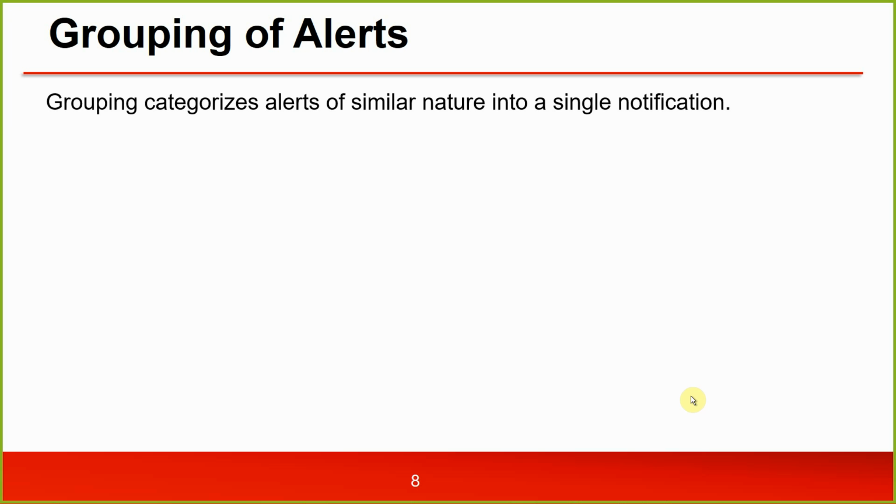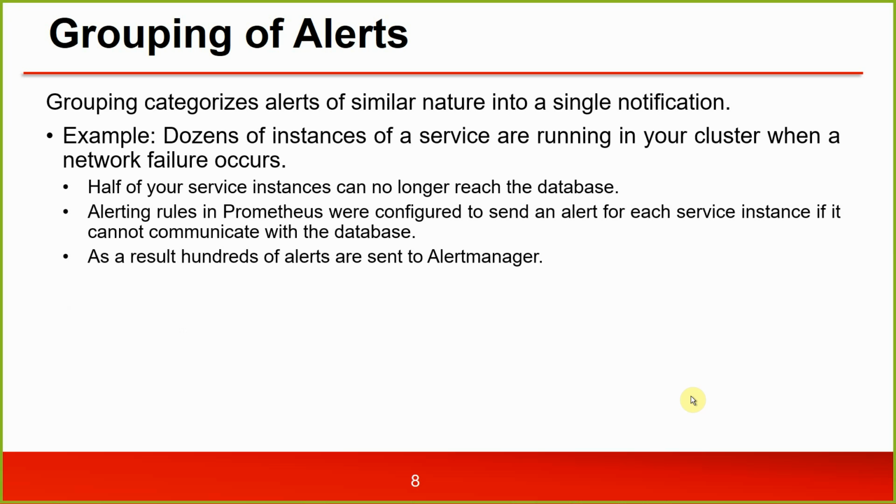Grouping of alerts. Grouping categorizes alerts of similar nature into a single notification. Look at this example. Dozens of instances of a server are running in your cluster when a network failure occurs.